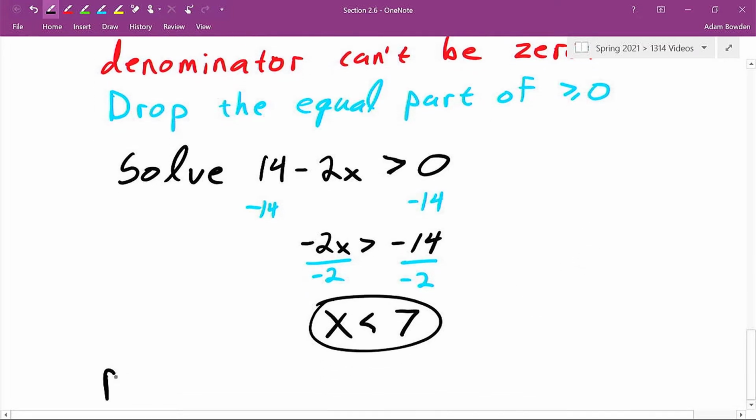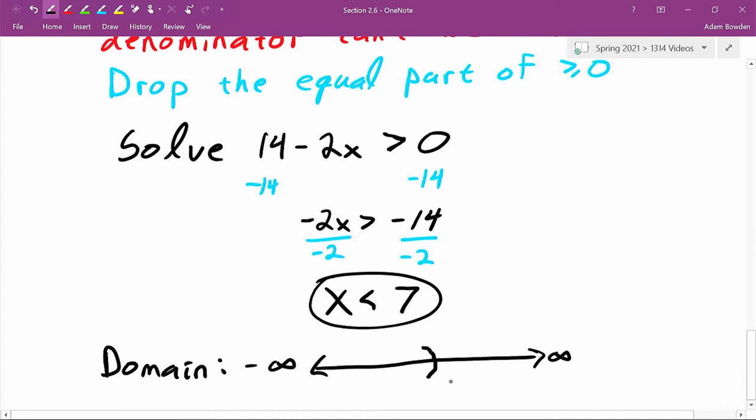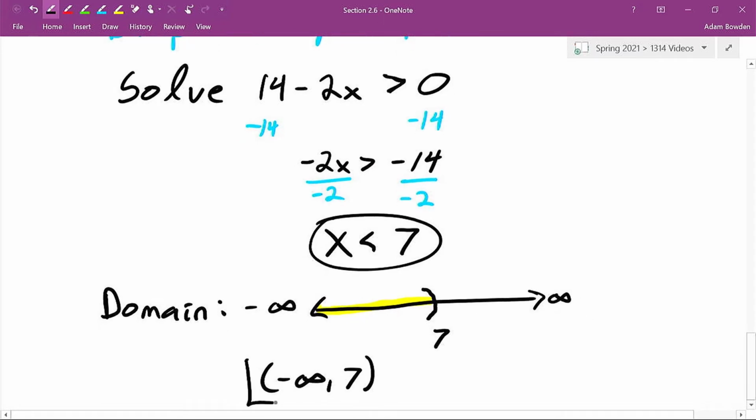So the domain here would be made up of all the numbers less than but not including the number 7. So with an interval notation, we use a parenthesis there, and it should highlight everything on that side. We'll say negative infinity comma 7 close parenthesis is the domain.